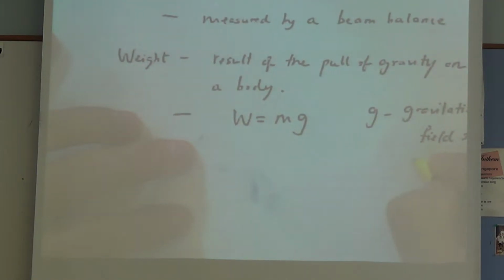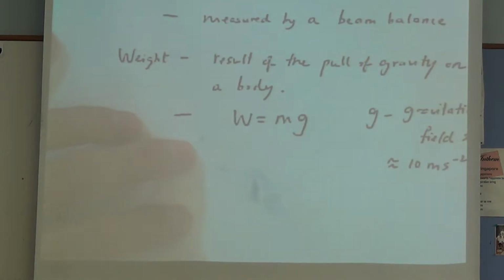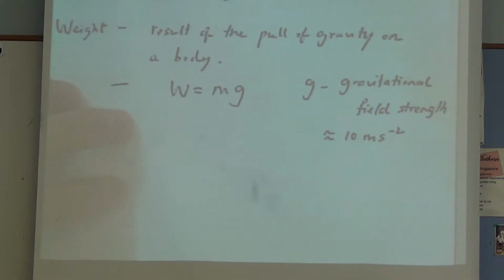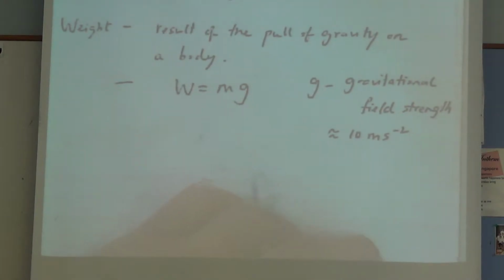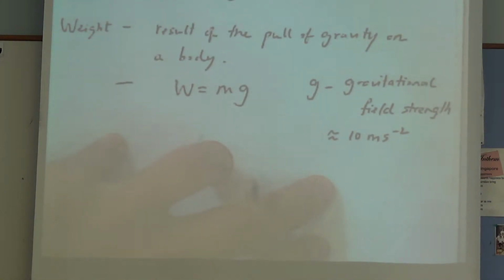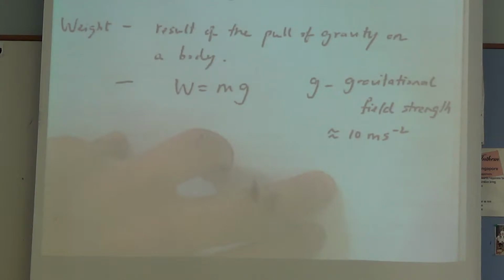Approximately 10 meters per second squared. Okay, approximately 10 meters per second squared. Alright, the exact value changes from country to country, sea level to sea level. Okay, it changes a little bit.